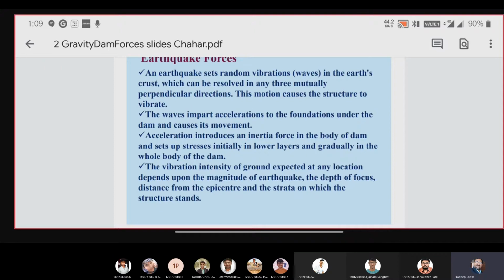The earthquake mostly creates waves in the earth's crust, and those waves exert forces or pressure onto different parts of the dam. The earthquake waves pass through the foundation of the location where the gravity dam is located, and they may be in any direction: x, y, z.